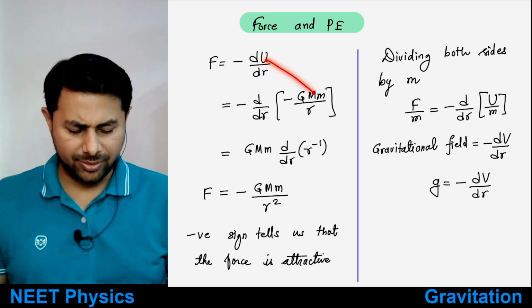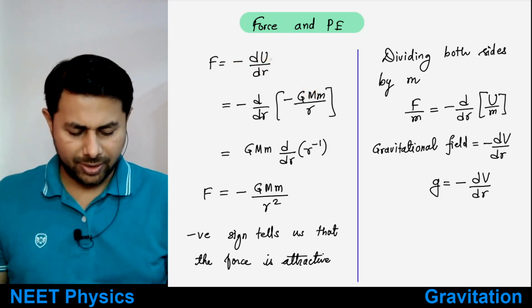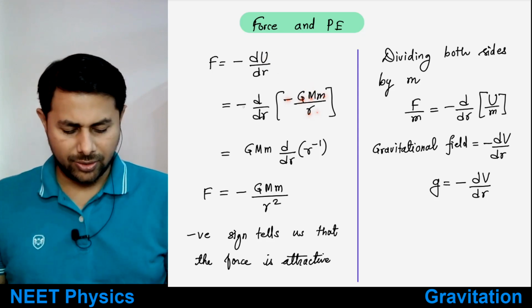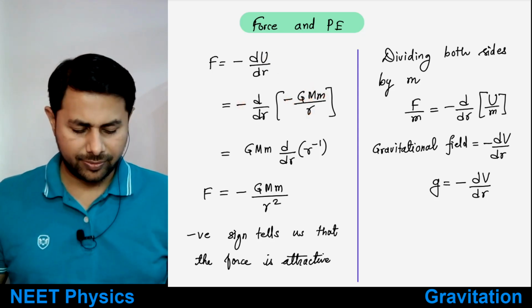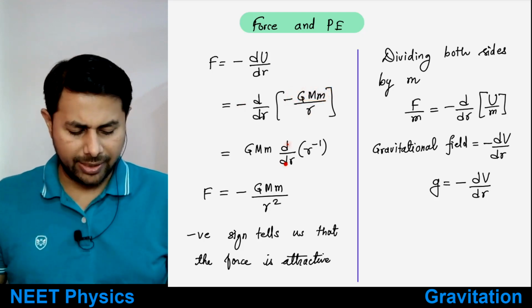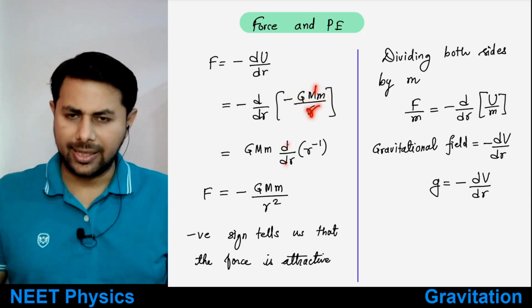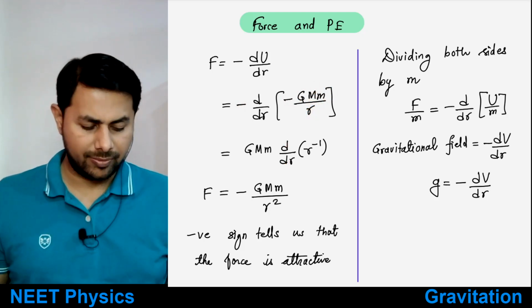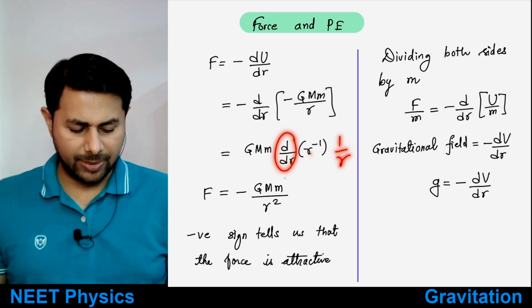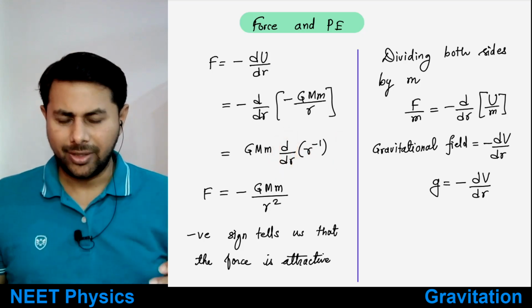So you can just substitute that U is equal to minus of GMm over r. So this negative negative becomes positive. You can move GMm outside, then you have d by dr of 1 by r, and that is minus 1 upon r square. Derivative of 1 upon r with respect to r is minus 1 upon r square.